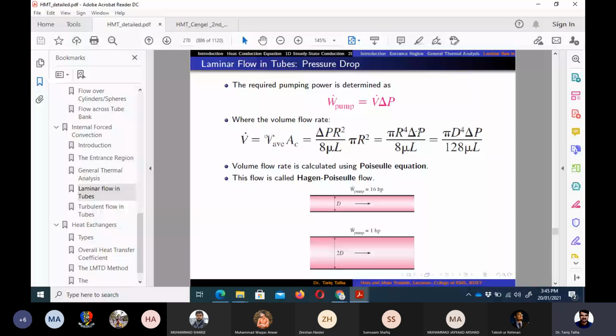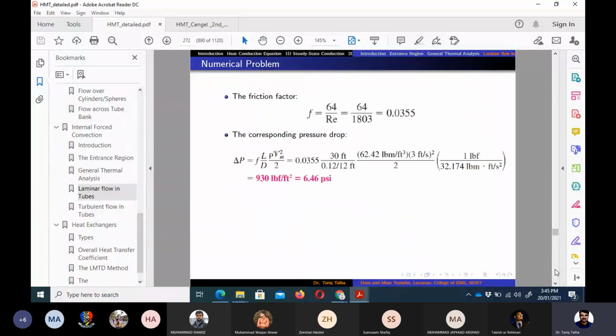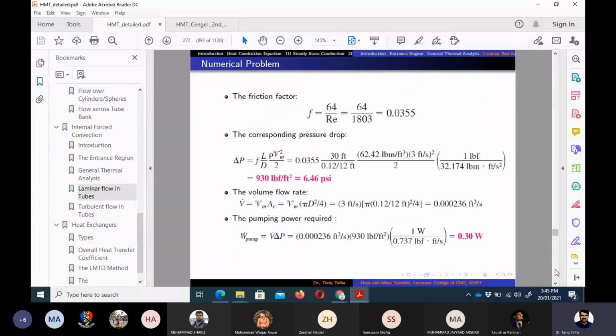We discussed this, and then we did this numerical problem: if we want to know the pumping power for a particular case, how can we determine that? Is there any query from the last lecture?